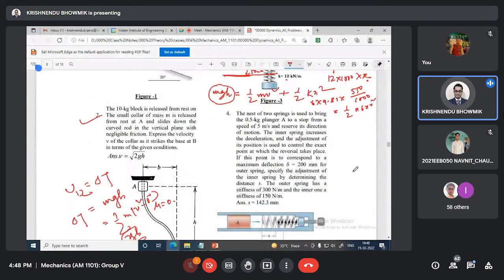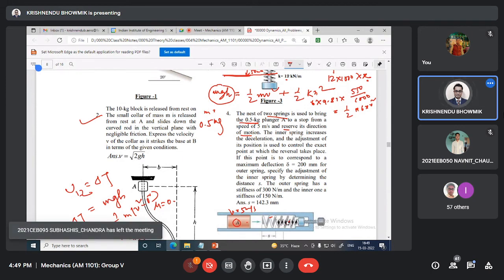Okay. Now this problem: there is a nest of two springs that is used to bring a 0.5 kg plunger A to a stop from a speed of 5 meter per second and reverse its direction of motion. One spring is here, the other is this.